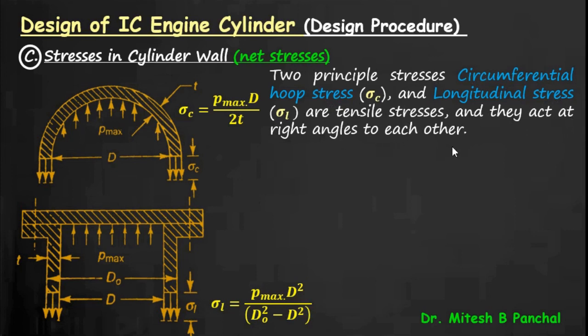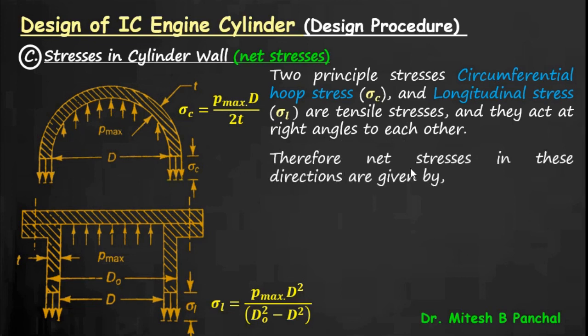Okay. So one is acting in the longitudinal direction while the other is acting in the lateral direction. Therefore, the net stresses in these directions are given as follows.